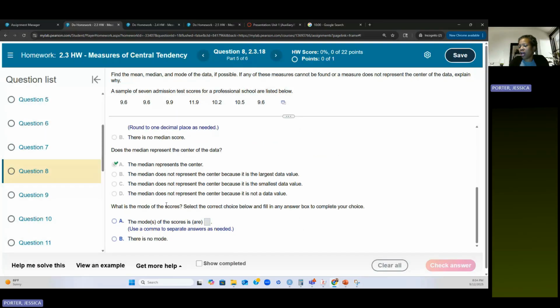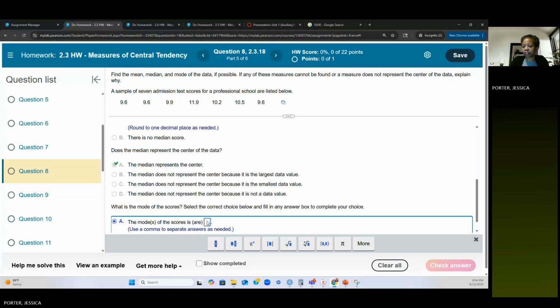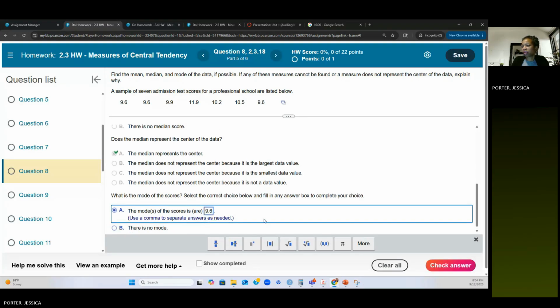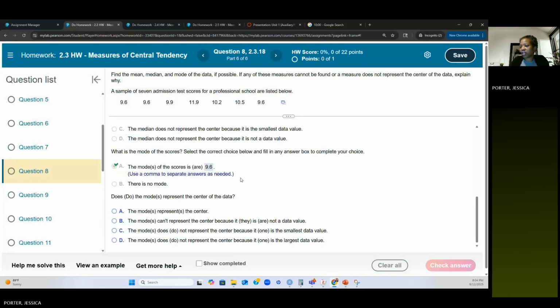Okay. And what is the mode? I think it gave us 9.6. Now, does the mode represent the center of the data?